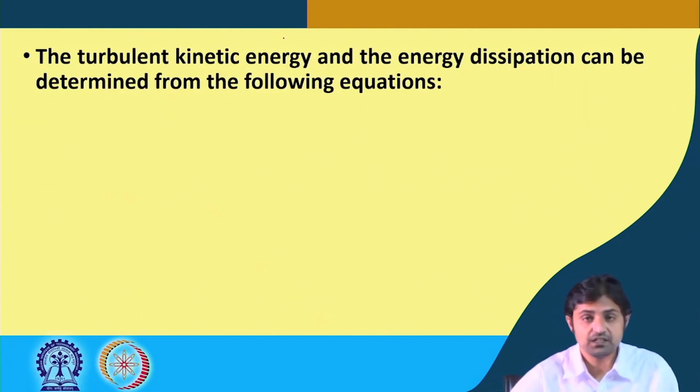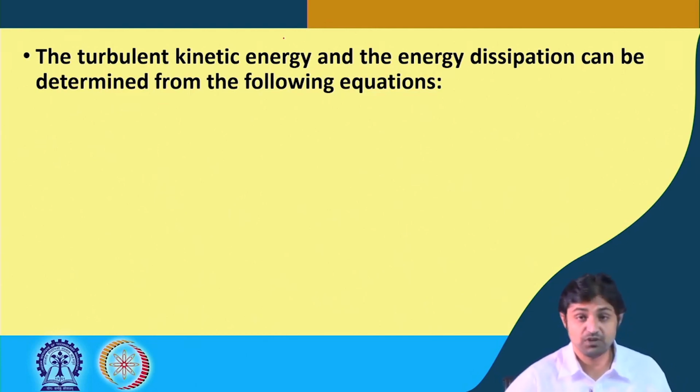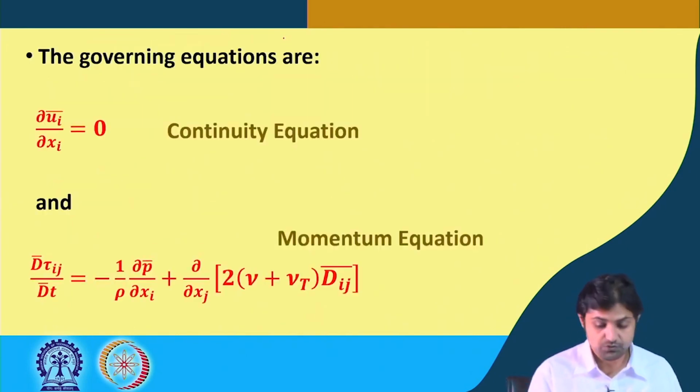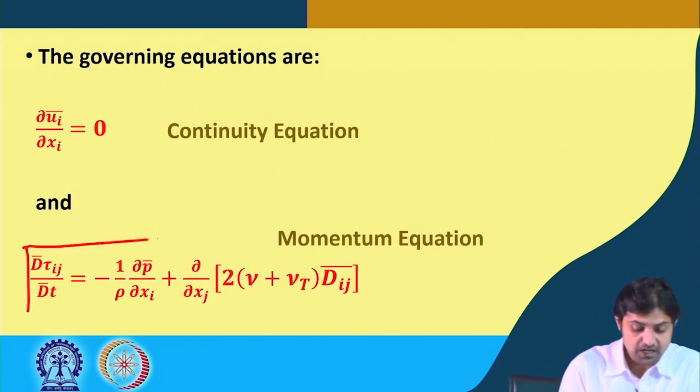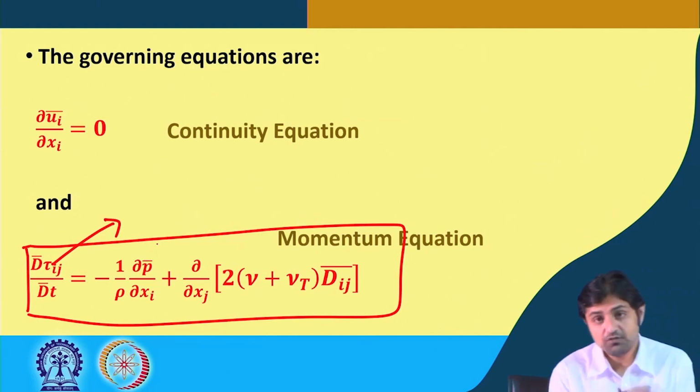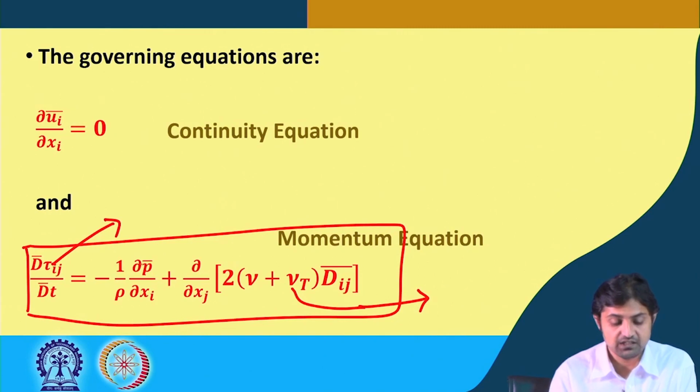The turbulent kinetic energy and the energy dissipation can be determined from the following equation. So, now we said that this is the equation which we are going to use for determining tau ij, and that we can use in our Reynolds average Navier-Stokes equation. We saw that there are some terms. One is nu t, that we do not know, while others like del p bar and dij bar are known, in terms of average quantities.